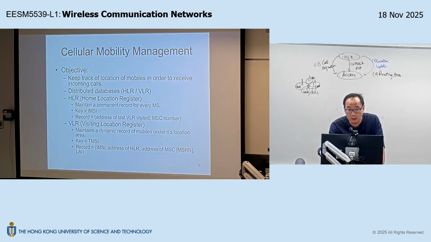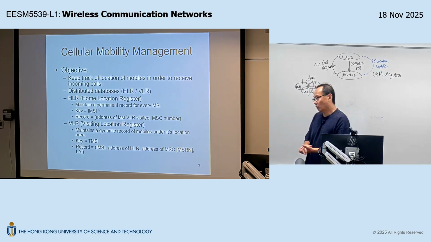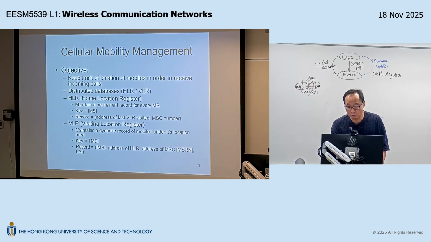Now, a black box model for databases: you have a record for every mobile. But in order to retrieve or update a record, you need to supply a key. Just like when you go to the library and want to search for a book, you need to supply a key, a certain ID. Same here, for the home location register, the key for a mobile record is called IMSI, International Mobile Subscriber ID. This is your SIM card ID, which is unique for every mobile. That means in the entire network, no two SIM cards will have the same ID.